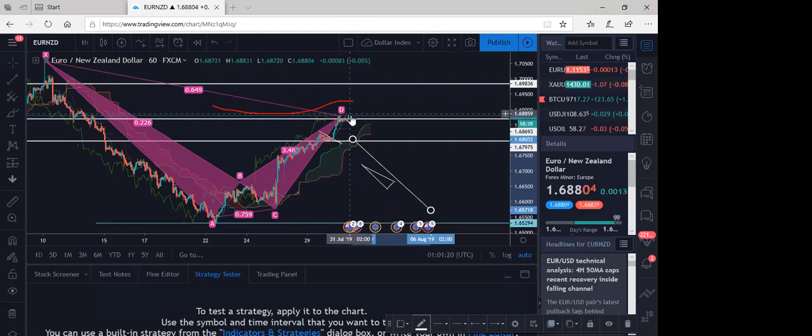I was explaining that it could possibly go back down to that support right here, and then possibly go back up, or possibly it could break that support and go back down. Ultimately, that's what we want, right? We wanted to break it and shoot straight through it. Yeah, most definitely. Okay, gotcha.